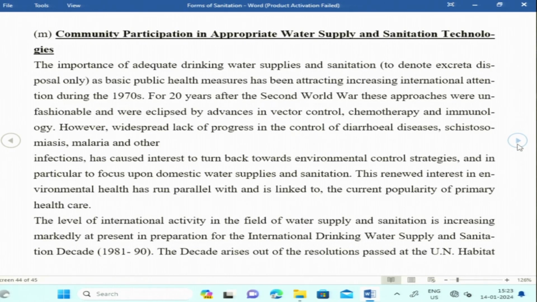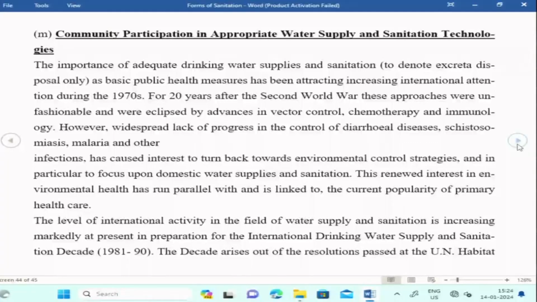When we speak about this approach after the Second World War, a lot of things happened in terms of vector control, chemotherapy, and immunology, and these are seen as having a certain amount of control over specific diseases which were there earlier. So the understanding of infection has been overcome with this technology, and especially environmental control strategies have been devised, whereby we can speak about the sophistication of domestic water supplies and sanitation through the use of technology.